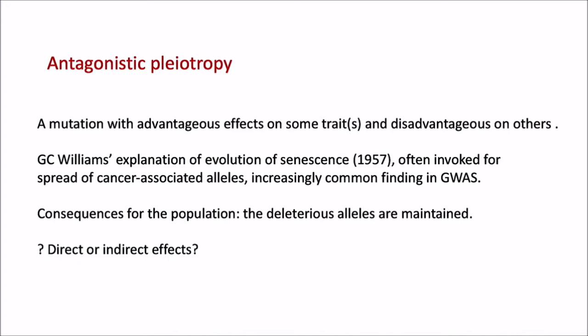It's very often put into context with cancer-associated alleles. And of course, one of the consequences is that, due to positive effects, the alleles that cause negative effects are kept at relatively high frequencies in populations, right?